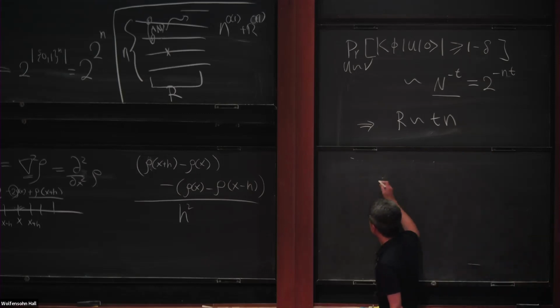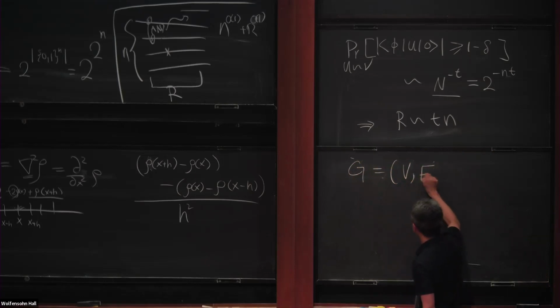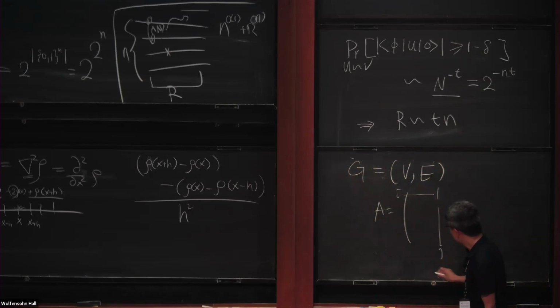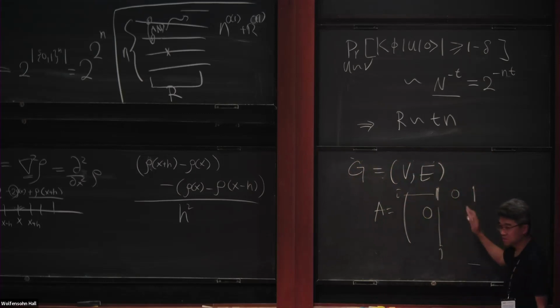So, a graph is a tuple of vertices and edges, and in the adjacency matrix, you put 1 whenever you see a row and column where i and j form an edge, and 0 otherwise. So 1 means they're friends, and 0 means they're not.